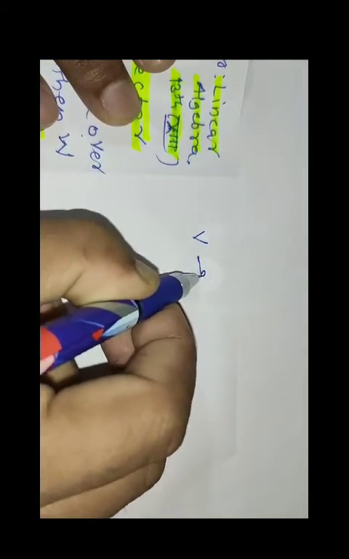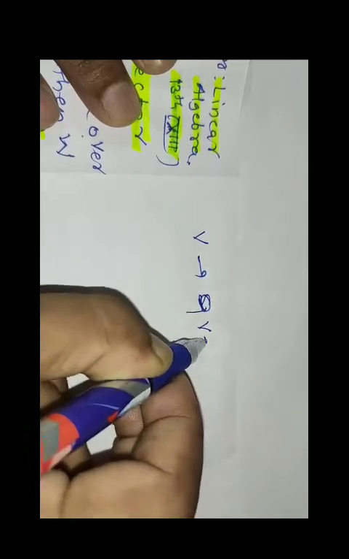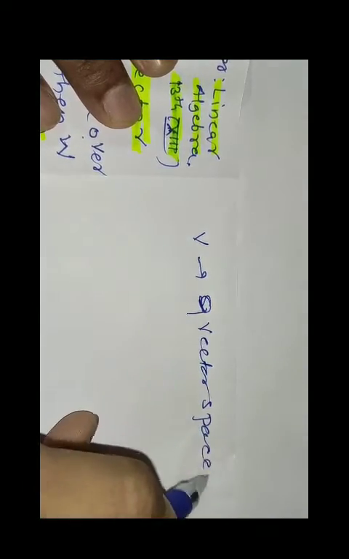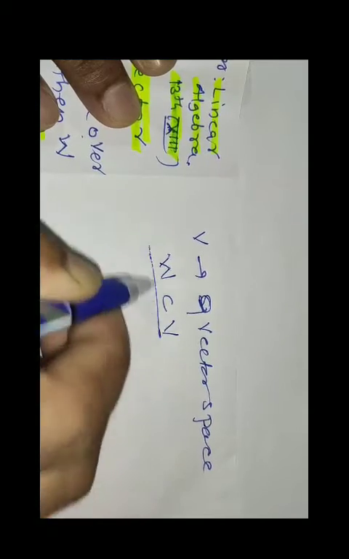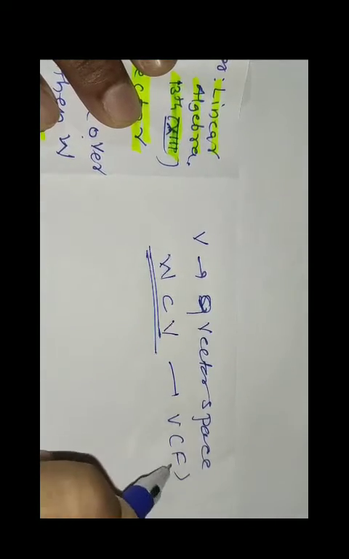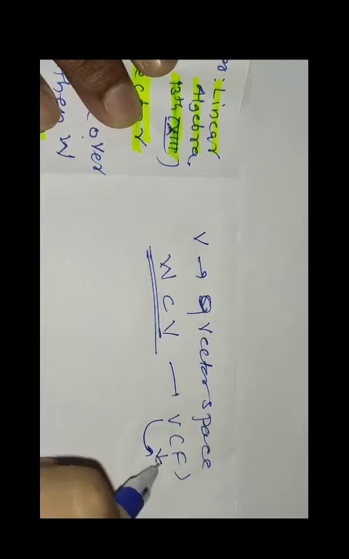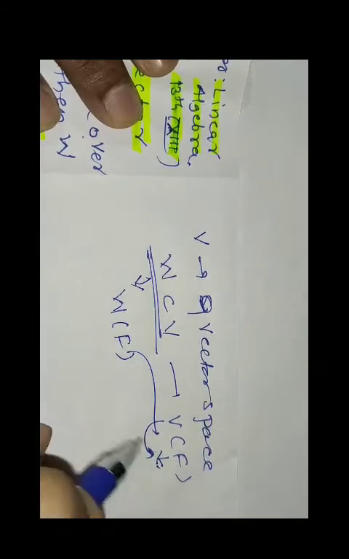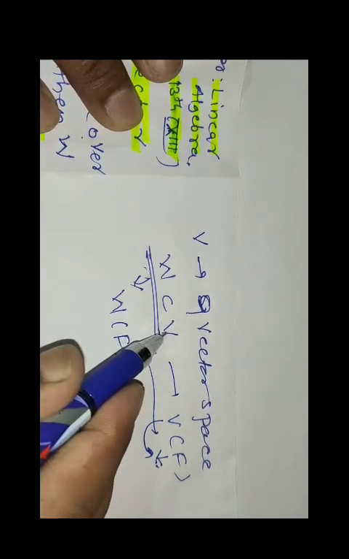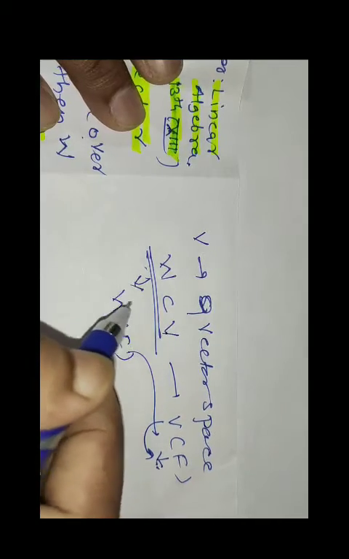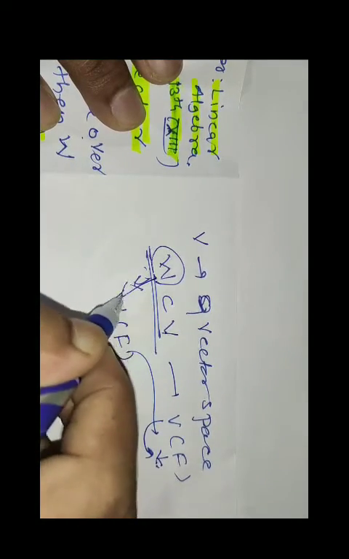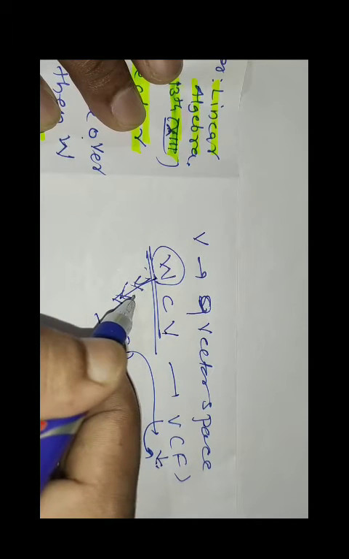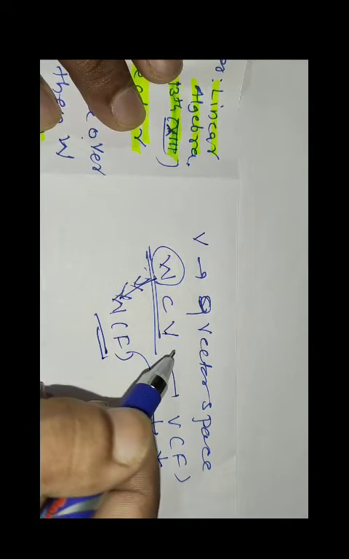So here V is any vector space, and W is a subset. If V is a vector space over the field F, then this W is also a vector space over that field F. Same field for W and V. And with respect to that field, this W must form a vector space.